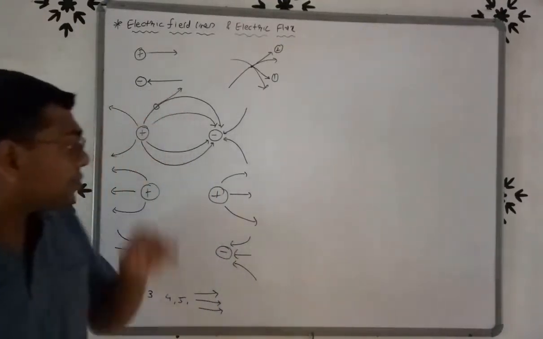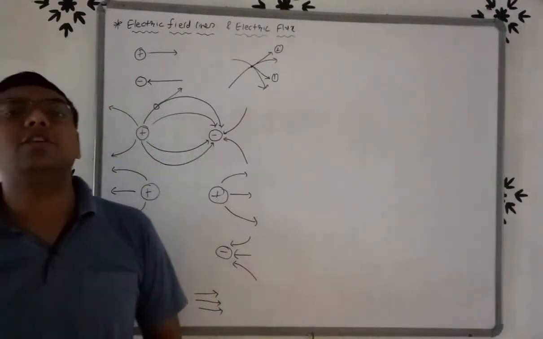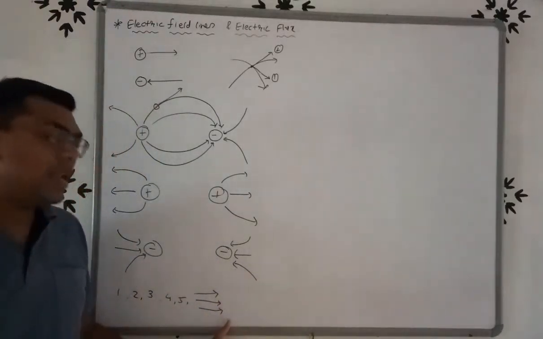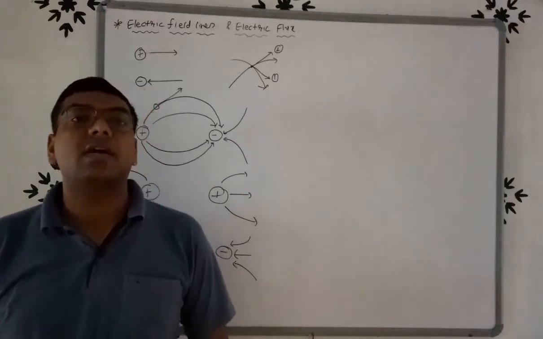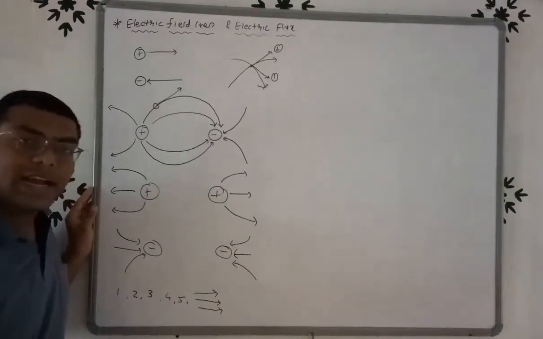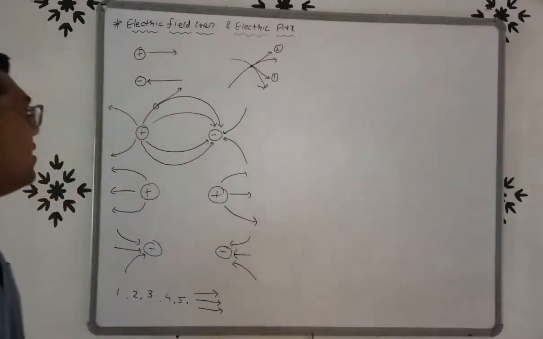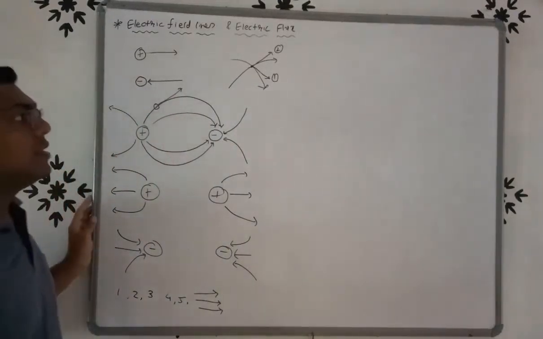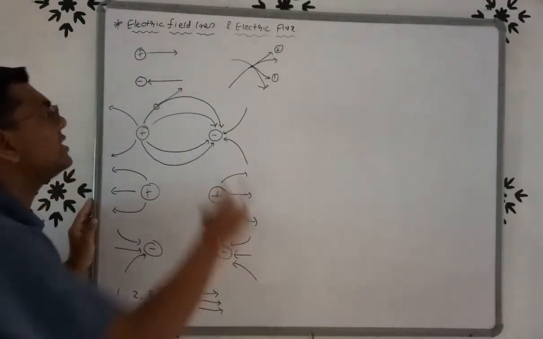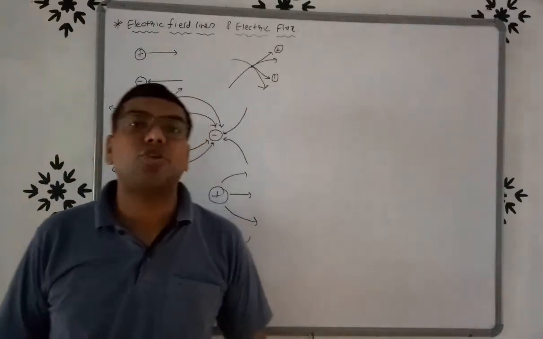Then number 5, in a uniform electric field, the electric field lines are parallel and equidistant. Then the distribution of electric field lines gives the intensity. If there is a positive charge, then near the charge the electric field lines are closer to each other, so we can say that the electric field is strong.